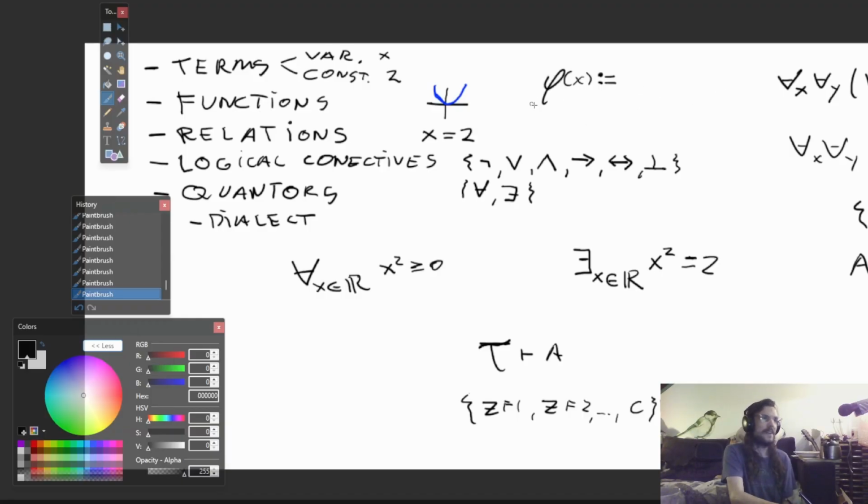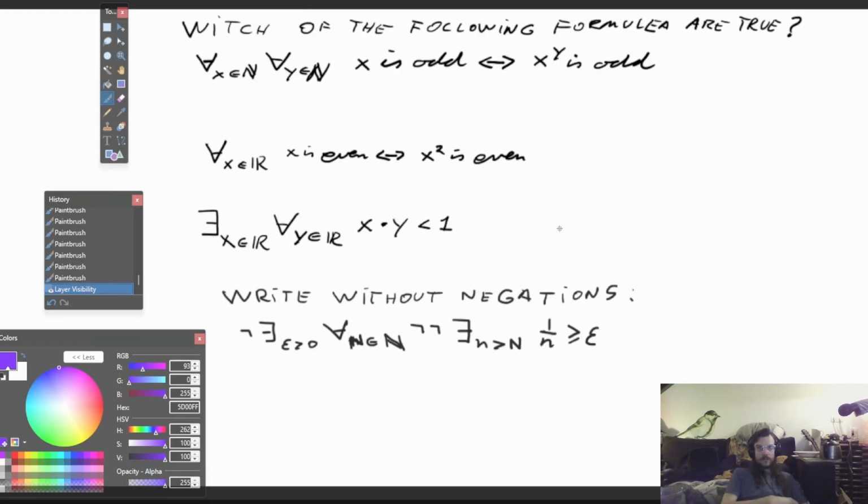So phi of x could be a formula like x is 2. But this is not a valid formula because x is a variable and it doesn't have a quantor assigned to it. So I would have to say for all x, x is 2. And if this formula is true, then you would be working in a very boring theory because all your terms are 2.